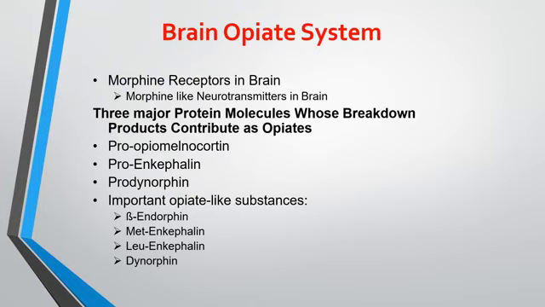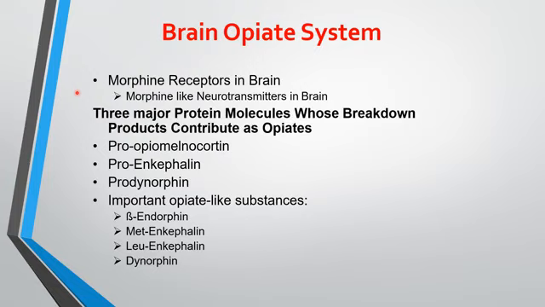If we see the brain opiate system, we have morphine receptors in the brain and morphine-like neurotransmitters in the brain. Morphine is a potent endogenous analgesic peptide. It acts at synapses of the nociceptive pathways by binding to specific sites, the opiate receptors. Synapses of the nociceptive pathway means in the pain pathway we have synapses from first order to second order neurons.